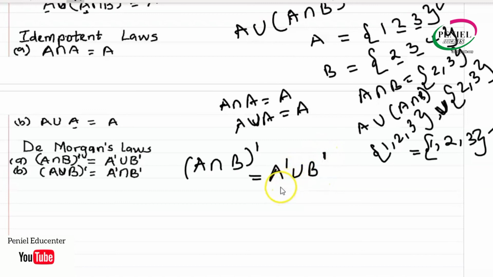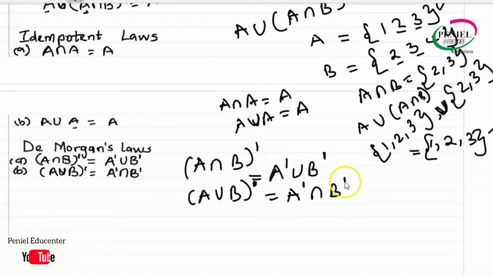It's the same thing. Equally, if you have A union B, all complement, we're going to have A complement intersect B complement. We'll be showing several examples as time goes on.